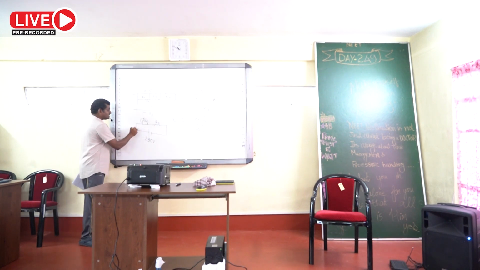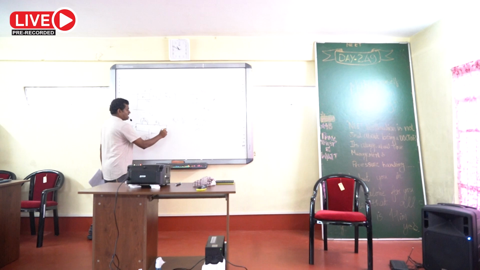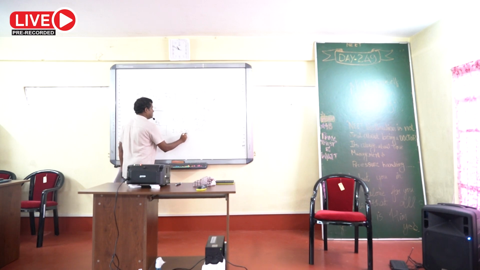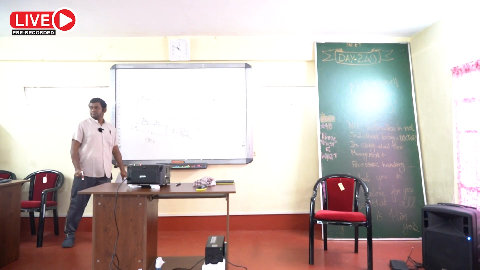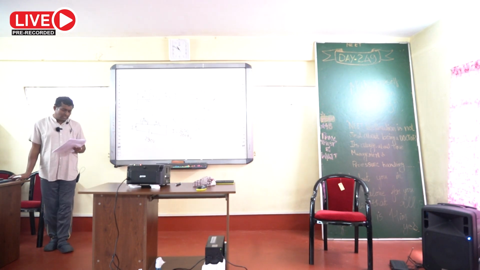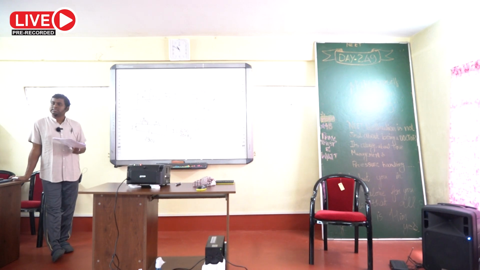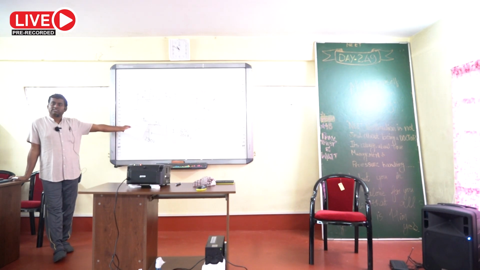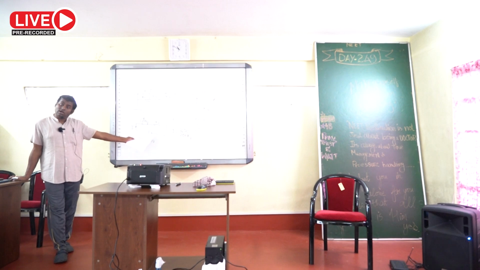Then we can calculate current I. I will be 230 divided by 20 plus R2. Then this current will not only flow through R2, this current will also flow through R1.